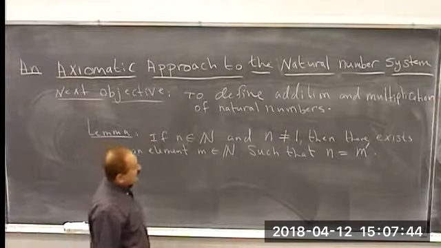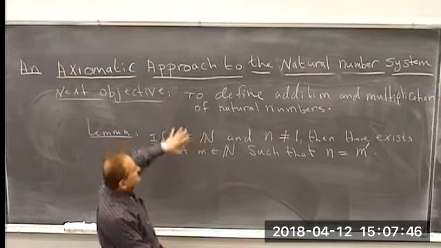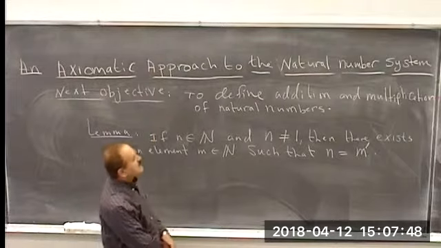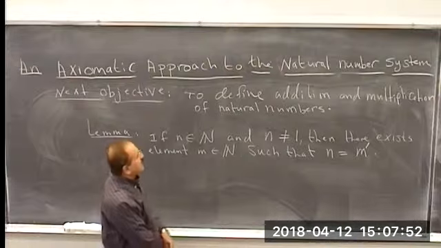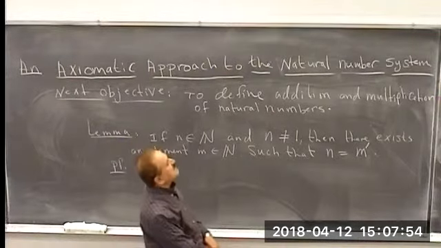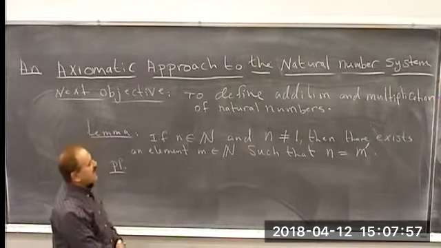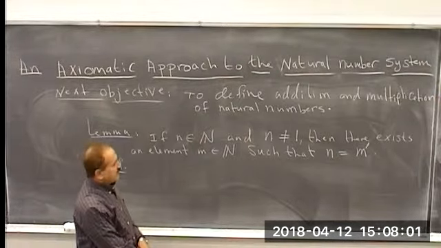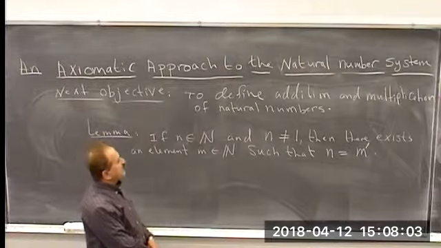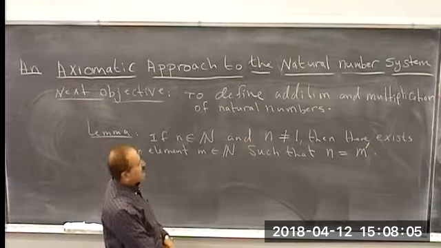We're going to see that a lot of the things that we're going to be proving concerning addition, multiplication, and their properties, and so on, we're going to use the induction axiom heavily. And this is where we start with the first application of the induction axiom.